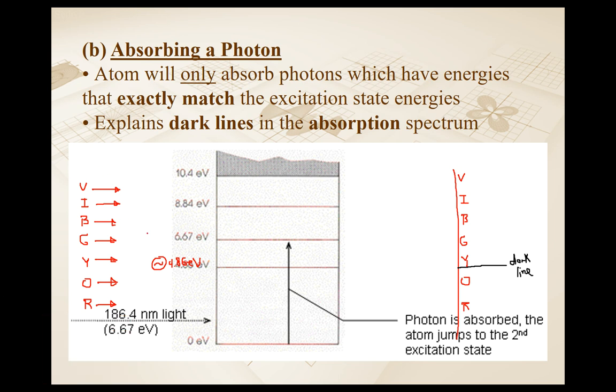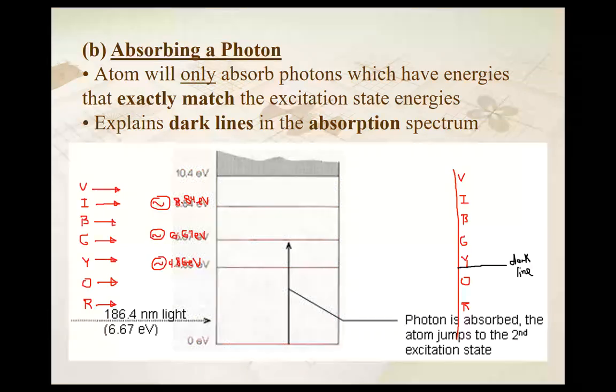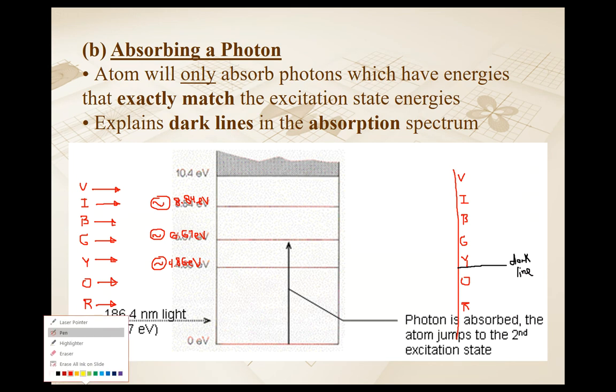If I fire in a photon that has an exact amount of energy of 6.67 electron volts, or one that has 8.84 electron volts, then same thing. I'm just going to miss a few lines of color. So the only lines of color I'm missing are the ones that match one of these stationary states.